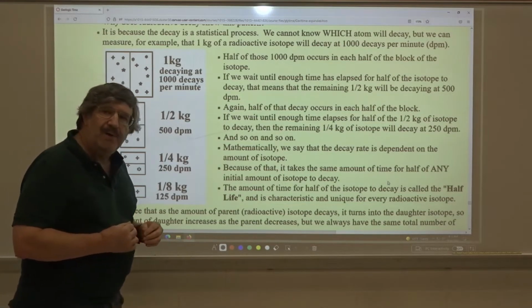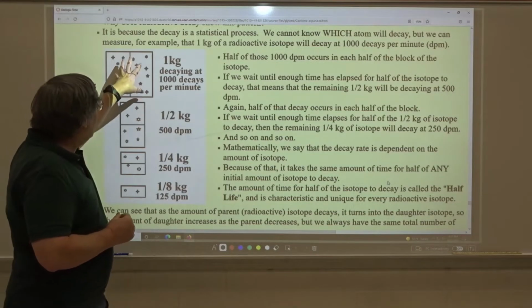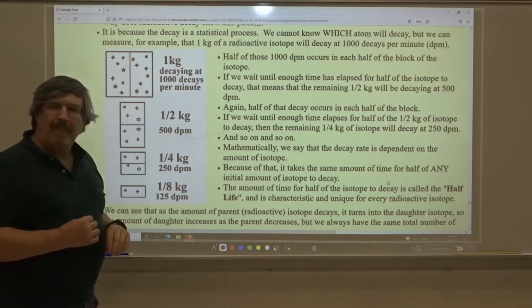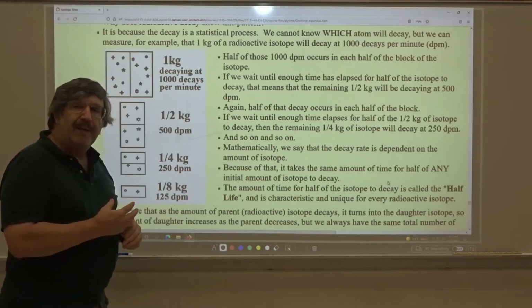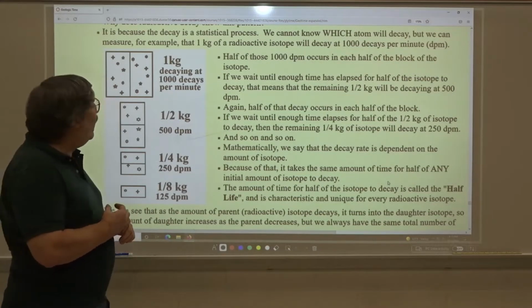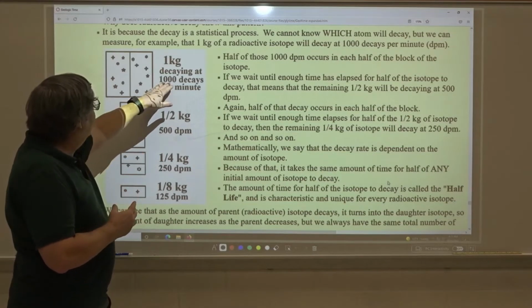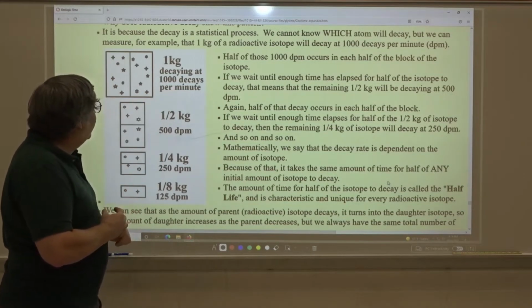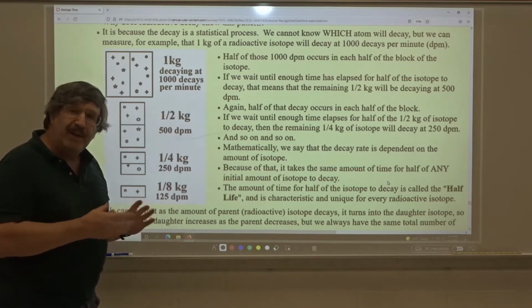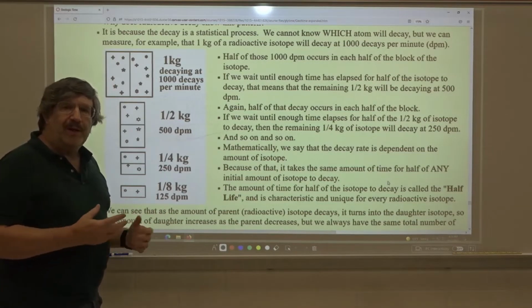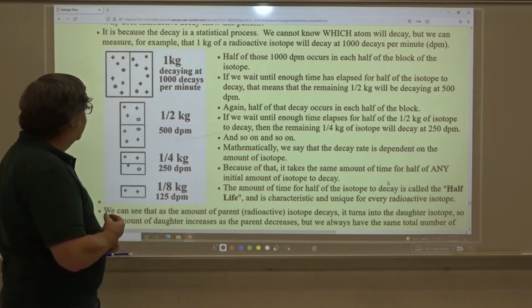Let's suppose that we have 1 kilogram of a radioactive isotope. If we measure how fast that material is decaying, we might find, for instance, that it's decaying at 1,000 decays per minute. There are ways of actually measuring that. One well-known device that does this is called a Geiger counter.